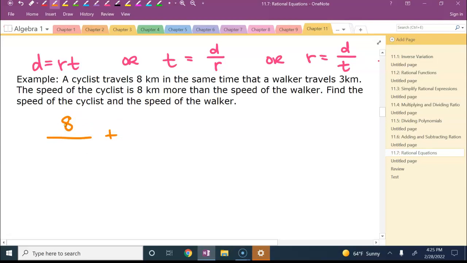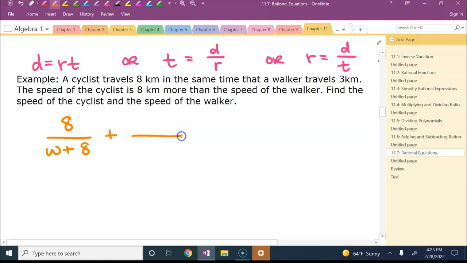And so for our biker here, we've got that they're doing 8 kilometers more than the speed of the person who's walking. Now, I don't know how fast the person who's walking is going, so we can use W for that. But we do know that they're going 8 kilometers faster. So if they're going 2 kilometers, then the biker's going 10 total.